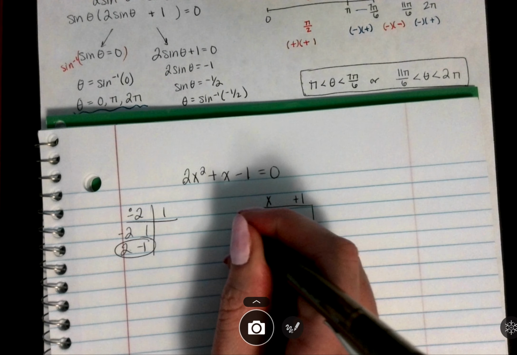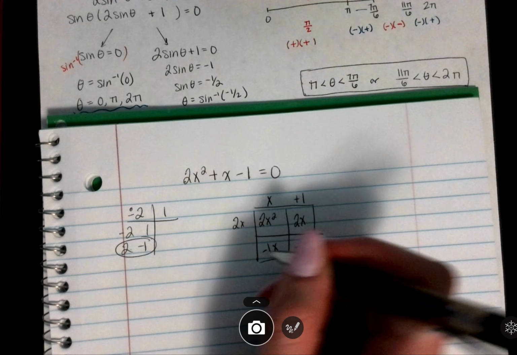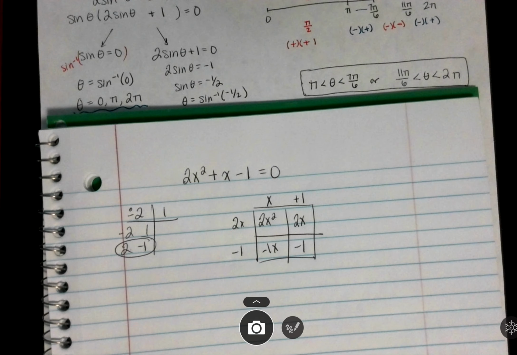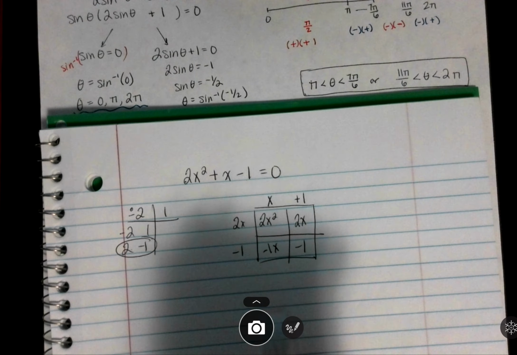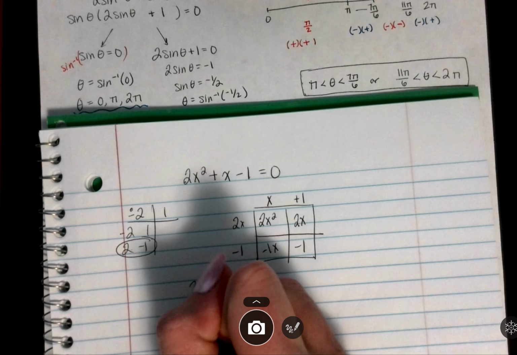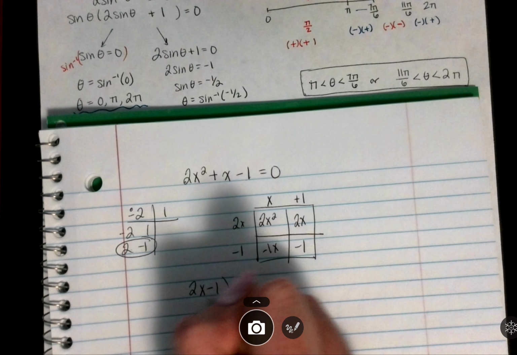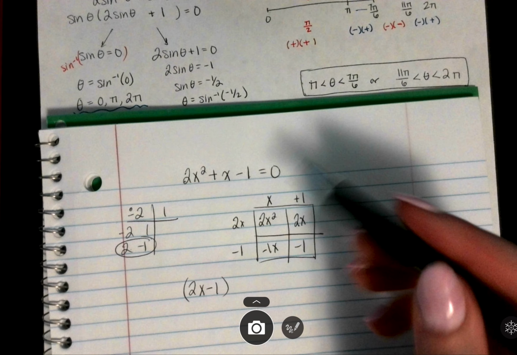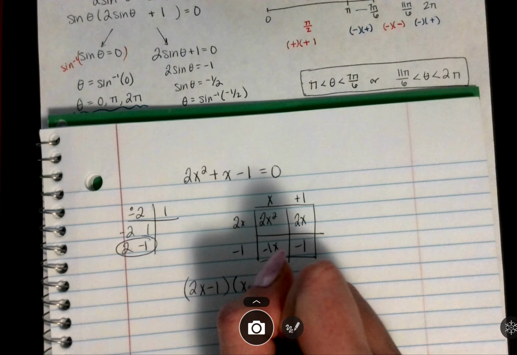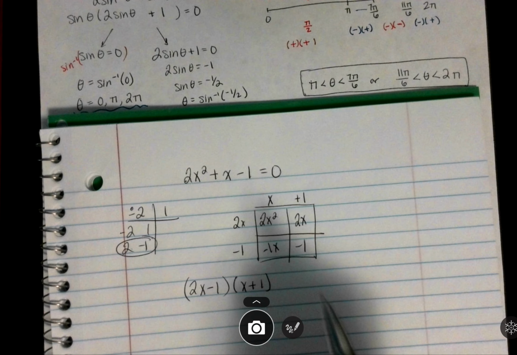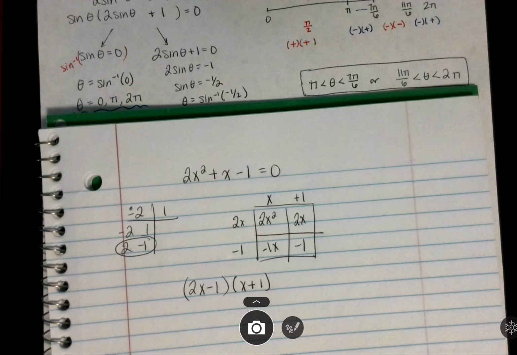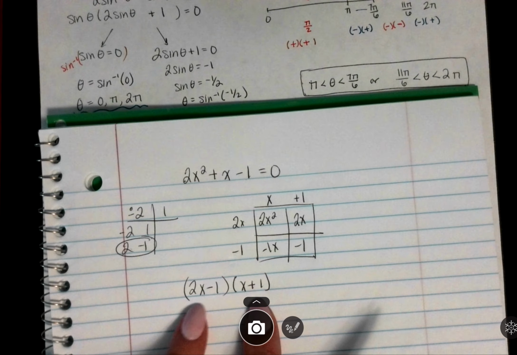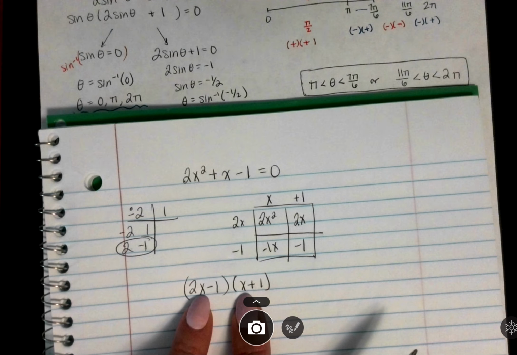And from this one, I have 2x, and this would be a negative 1. So I know with this factored form, I could write it as 2x minus 1 coming from these two terms, and my second set of parentheses would be x plus 1, coming from the 2 that I factored out on top.